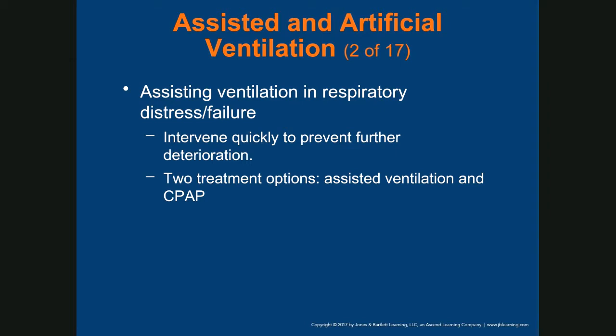Assisting ventilation in respiratory distress or failure: intervene quickly to prevent further deterioration. Two treatment options: you have assisted ventilation and you have CPAP, continuous positive airway pressure. And CPAP is when they have fluid.